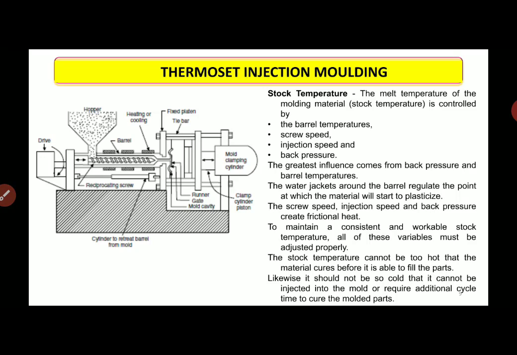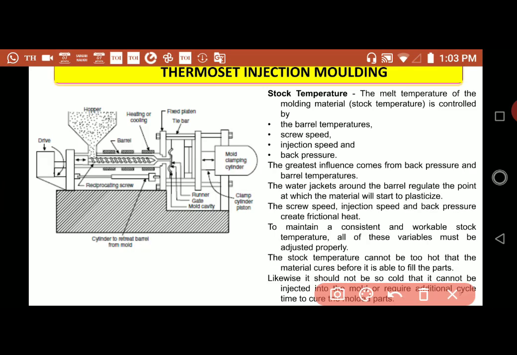The melt temperature of the molding material, also called the stock temperature, is controlled by barrel temperature, screw speed, injection speed, and back pressure. The greatest influence comes from the back pressure.